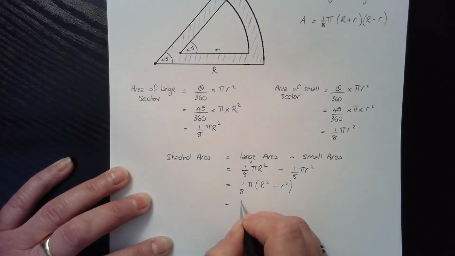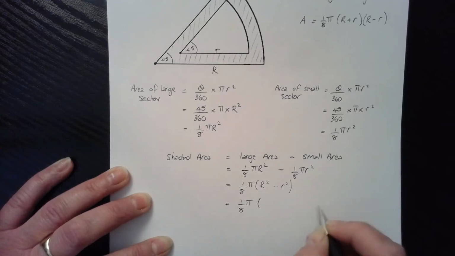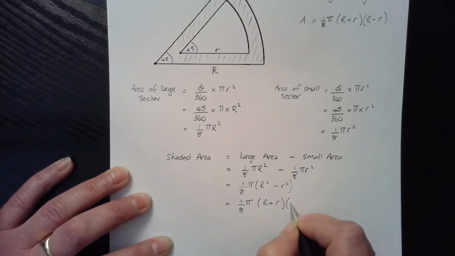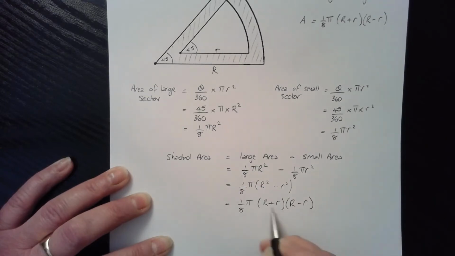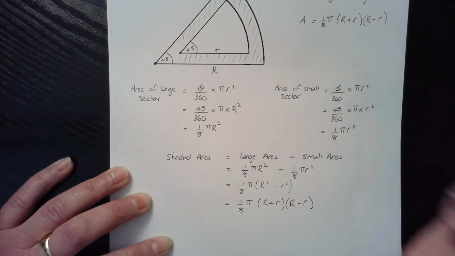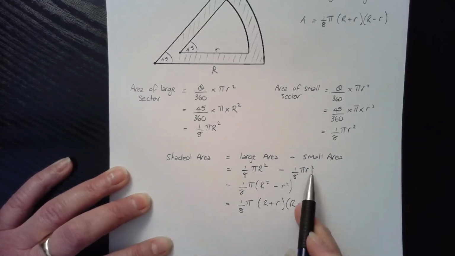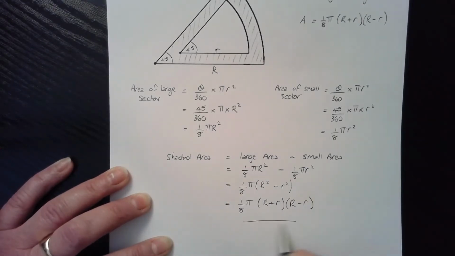So I still have my 1/8 pi on the outside, and then I have two brackets, big R plus little r, big R minus little r, the factors for the difference of two squares. And now it looks exactly as I needed to set it out. So I've shown that the shaded area after my subtraction is equal to this.